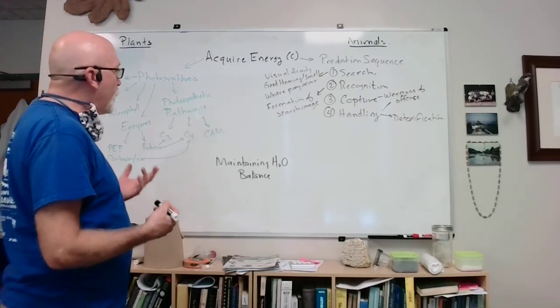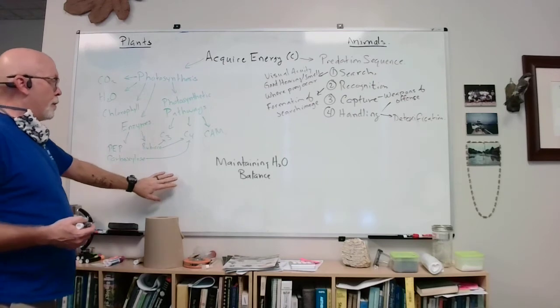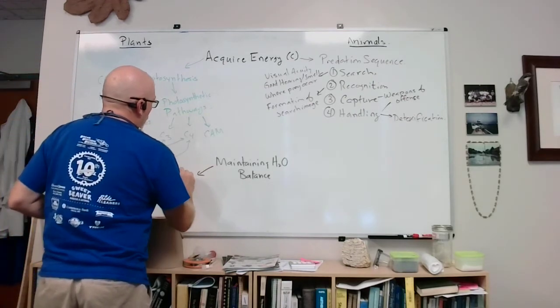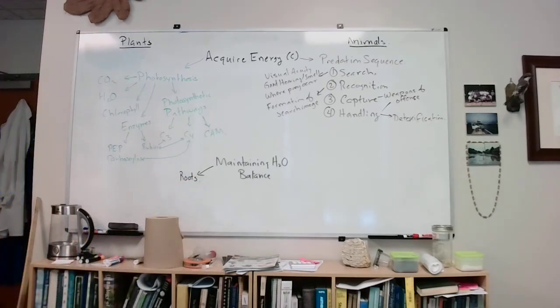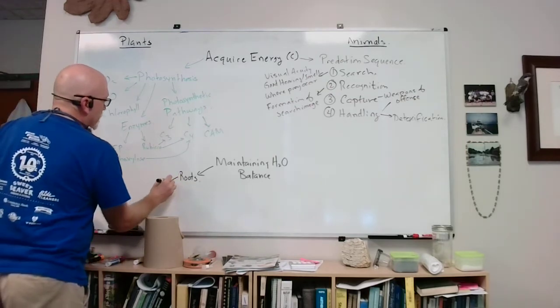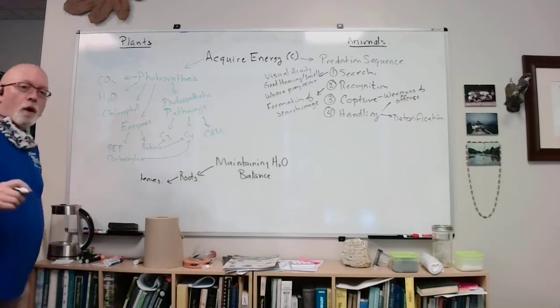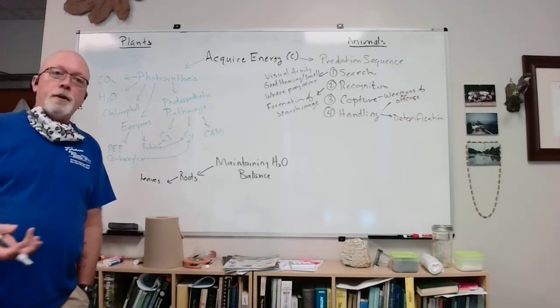And so when we think about maintaining water balance, plants get water primarily through their roots, and so certainly on the plant side, roots are involved. But that's the way of acquiring water, but we also have to think about how plants use water. When plants absorb water, they send it to the leaves. But then, while the plant does photosynthesis, it opens up its stomata to let carbon dioxide in.